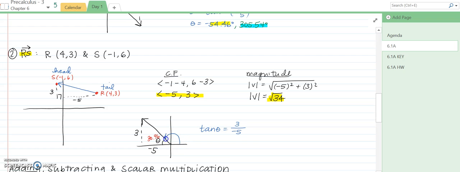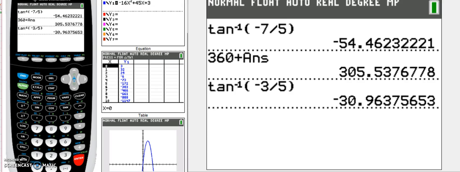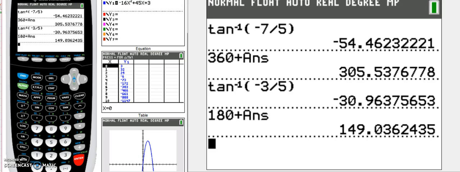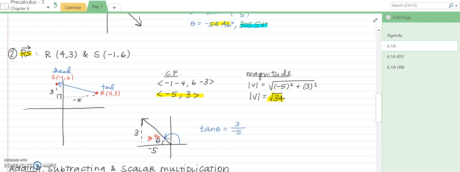To find the larger angle measured from 0 to that vector, you're going to take 180 degrees and subtract that value to get your rotation angle of 149.04 degrees. All right, so that tells us that basically we're moving northwest.